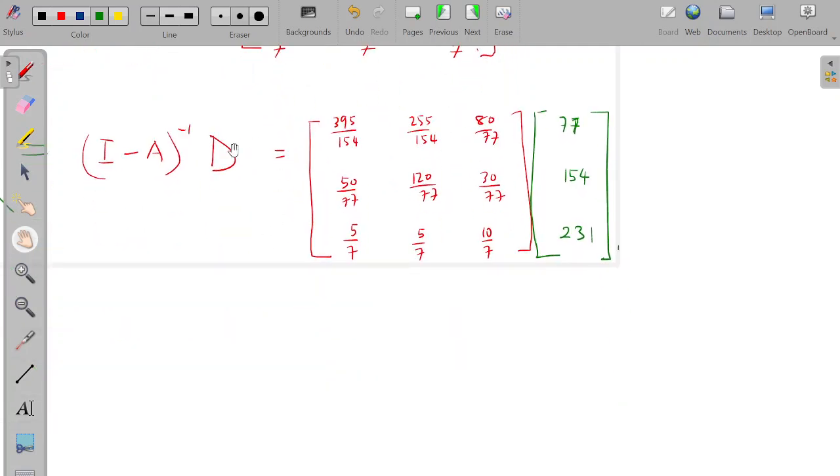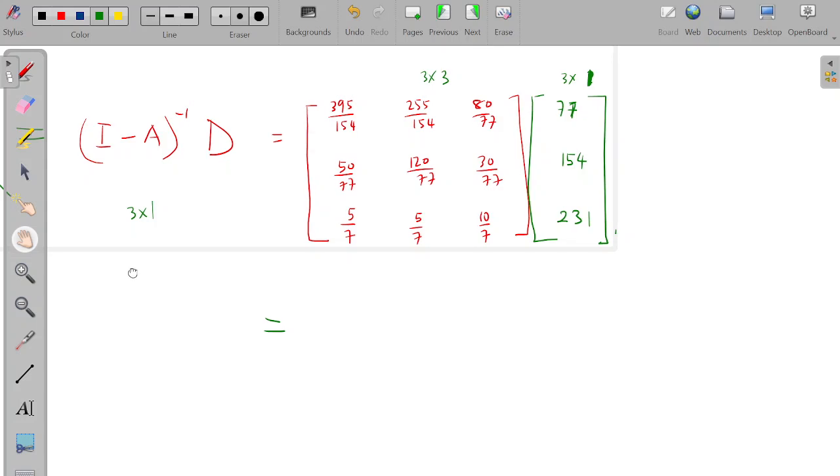So we are multiplying these together. This row multiplied by this column, this row again by this column, and this row again by this column. This is 3 by 3 and this is 3 by 1. If you multiply the two together, the answer will be 3 by 1.